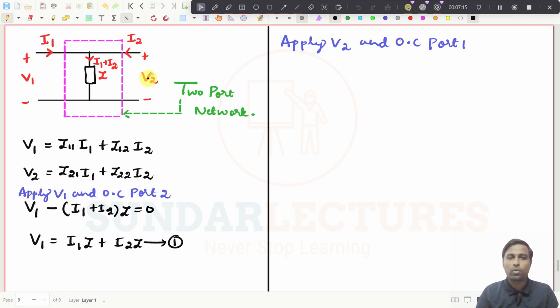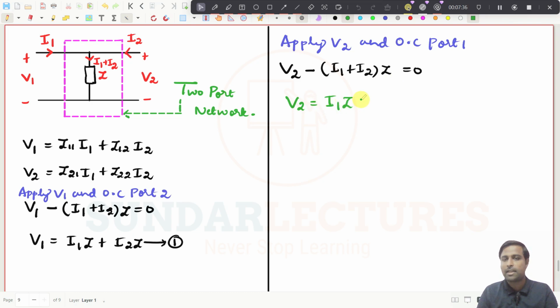So what I will get, so current is in this direction, so it will be plus V2, and then the same direction I'm going, so it will be (I1 plus I2) into Z, and that should be equal to 0. So if you are writing for V2, if you bring this to the other side, you will get I1 Z plus I2 Z. Make this expression number 2, and you see this is the V1 expression and this is the V2 expression.